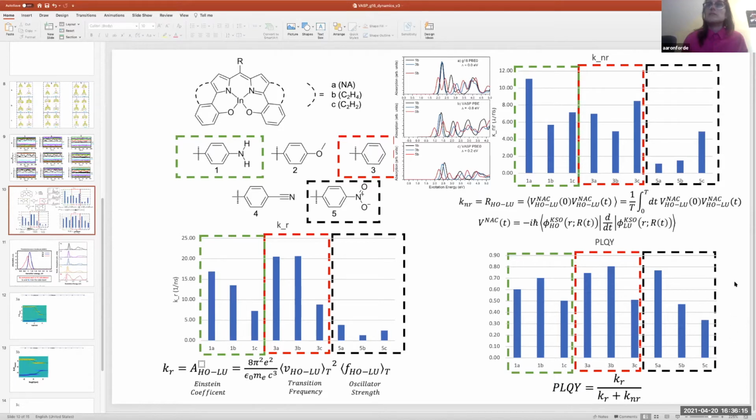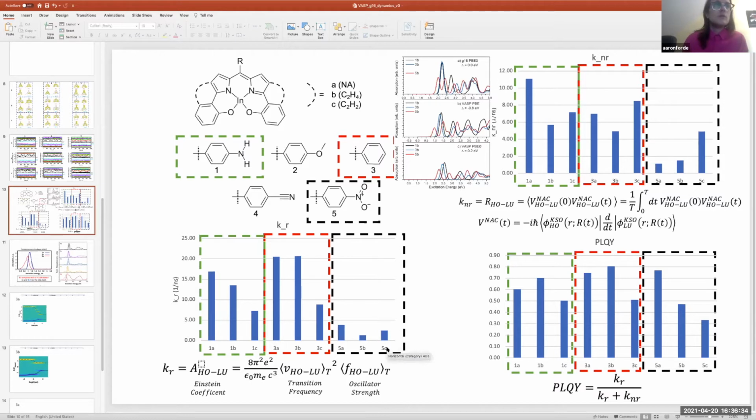But I think it's a good sign that the most electron withdrawing group shows the lowest non-radiative and radiative recombination rates.